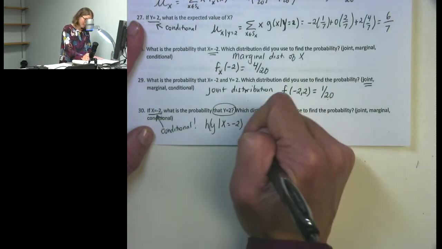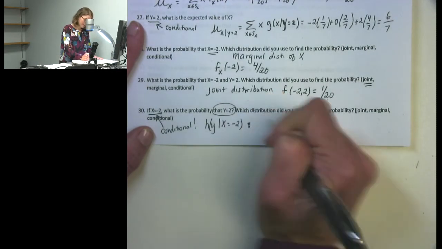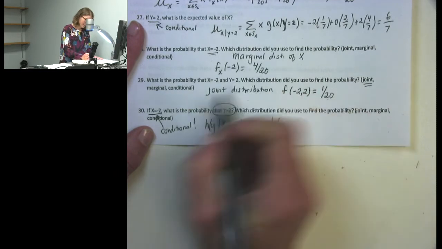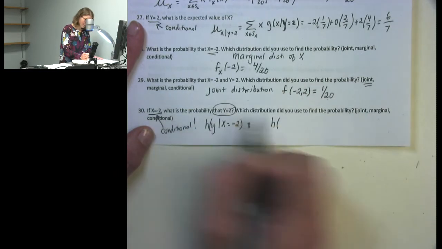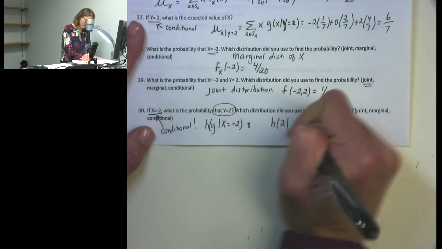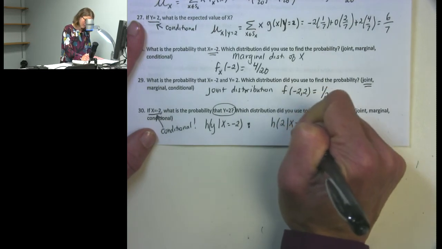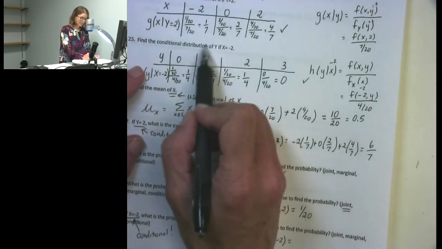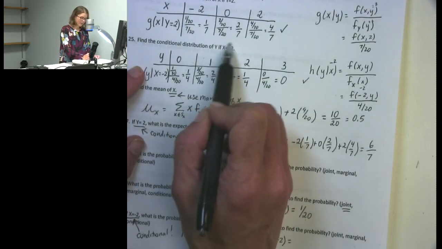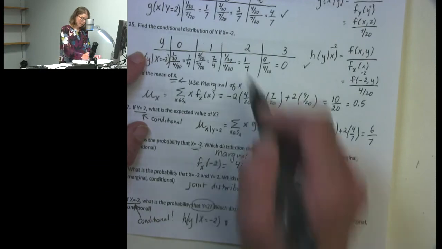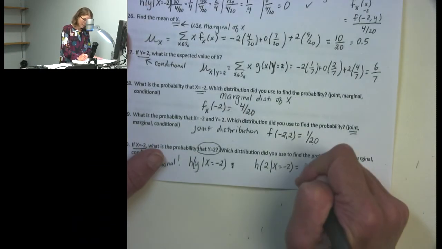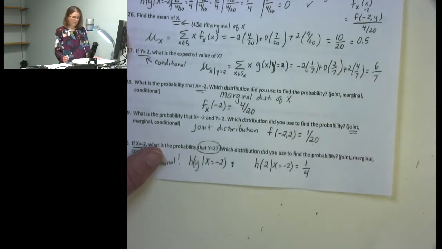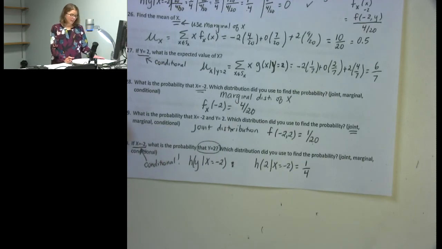And in particular, to answer this question, I need to find the probability that y is equal to 2, given that x is equal to negative 2. So looking at my conditional distribution of y, given that x is equal to negative 2, 2 gives me 1/4. So there are my answers to those.